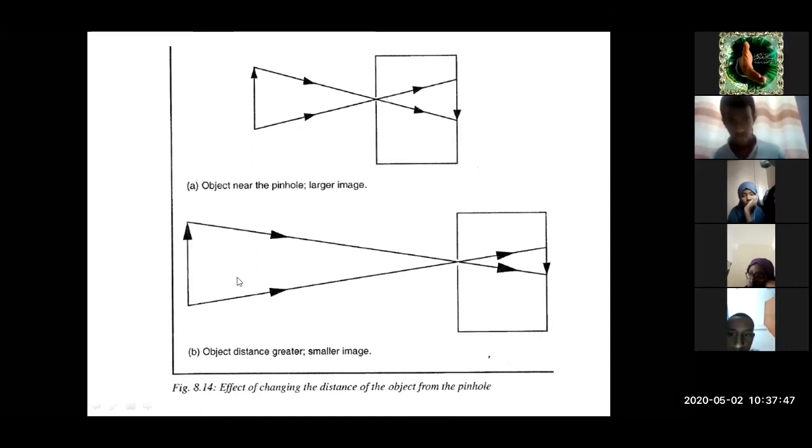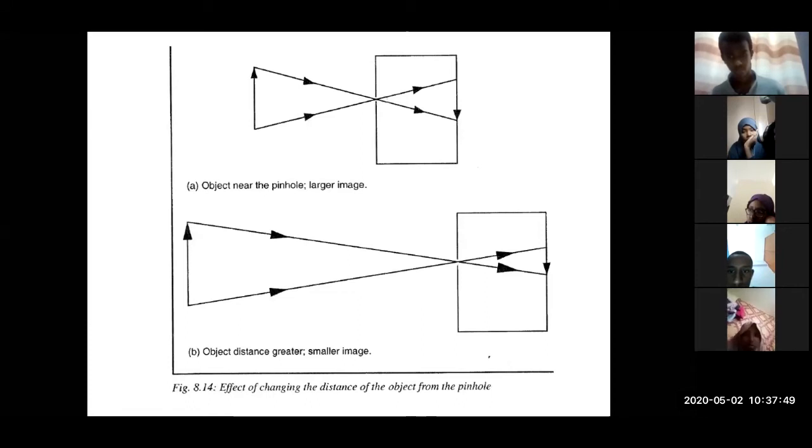It's just like when an animal or human being you are seeing is very far from you, the image you will see is too small. But if you are closer to an object, assuming that your eye is the pinhole, the object is closer, so the image is bigger. The image is larger now. But if the object distance is greater, you can see the image is too small.